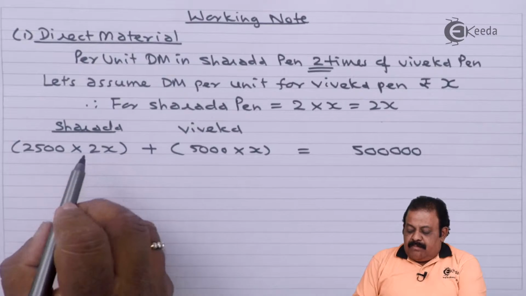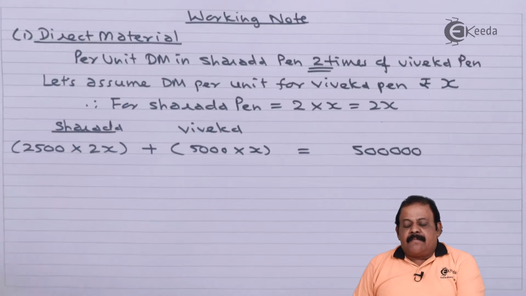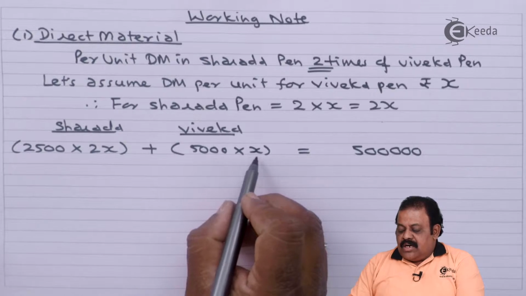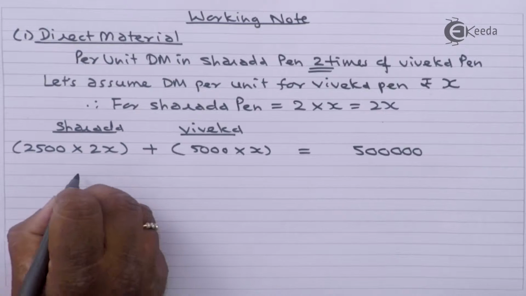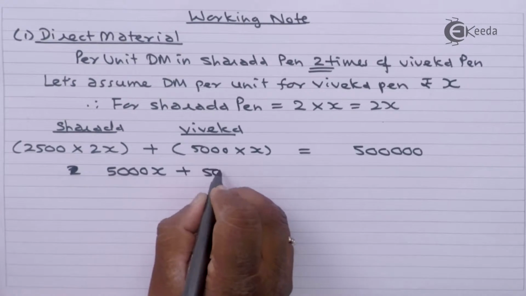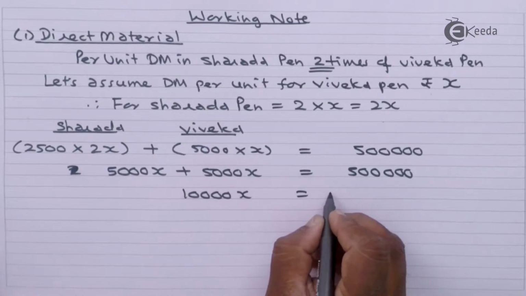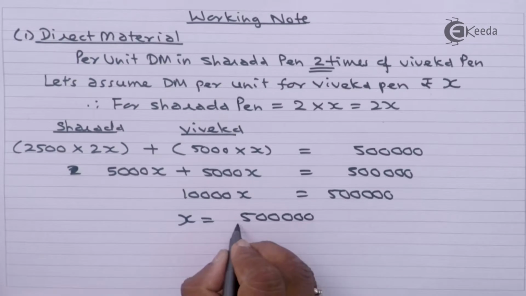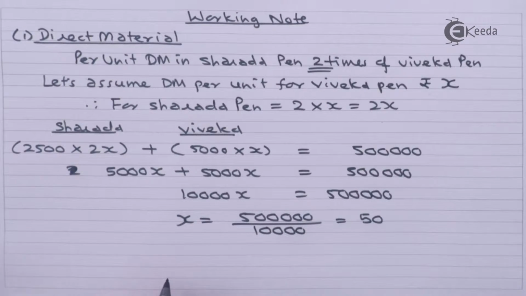In case of Sharda, per unit 2x multiplied by units produced 2500. In case of Viveka, per unit x units produced 5000. We'll solve this to get the amount of x. So x is equal to rupees 50.